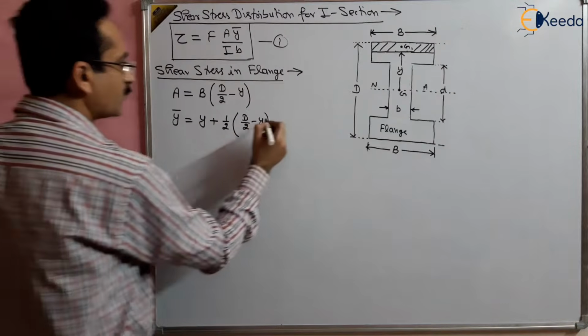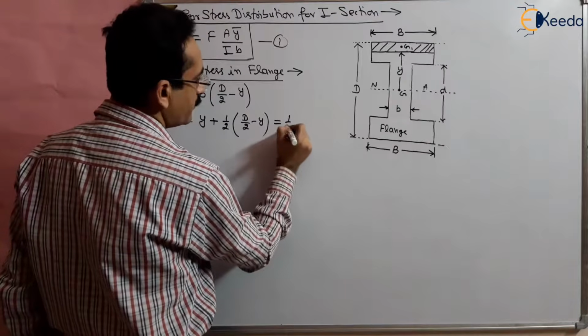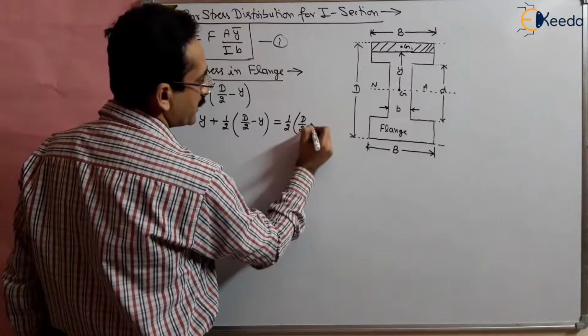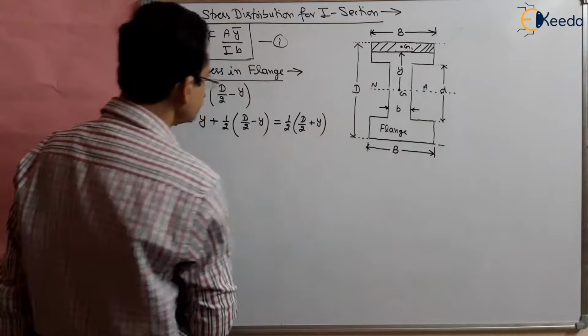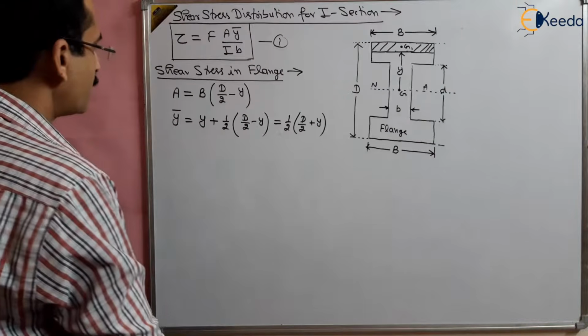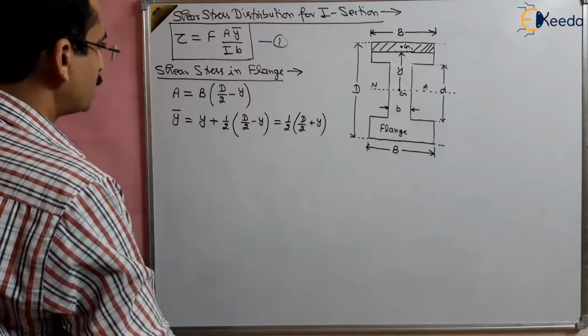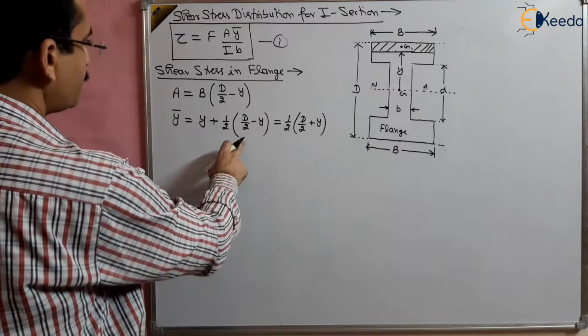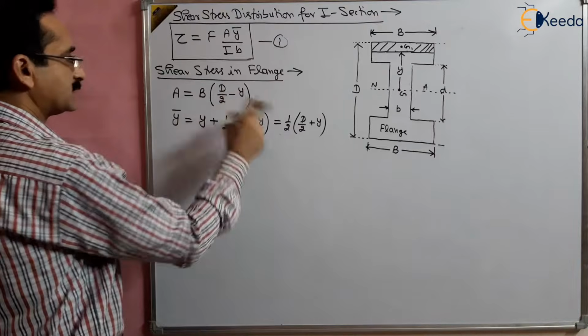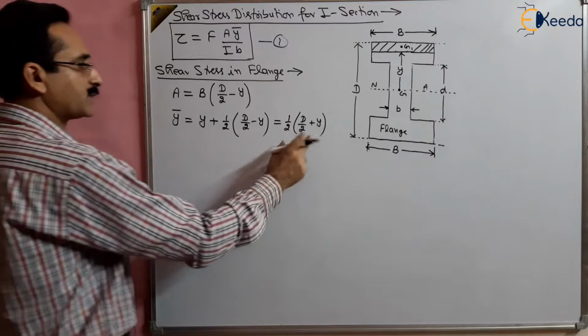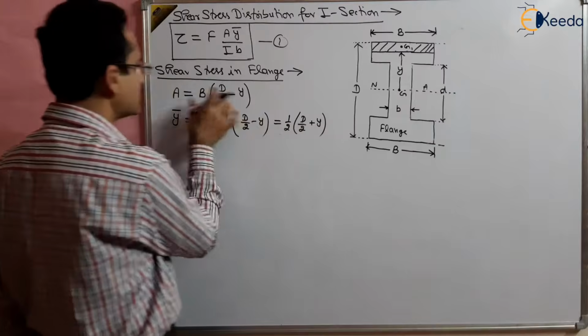This comes out to be half of (d by 2 plus y), so it will come out to be d by 4 plus y by 2. This is the distance of the centroid from the neutral axis, and this is the area.